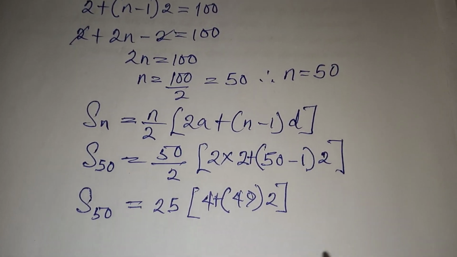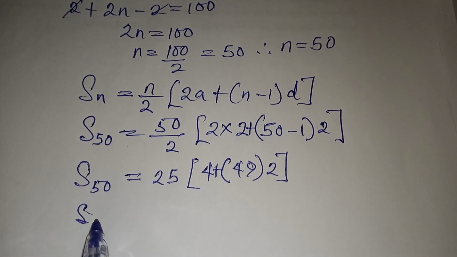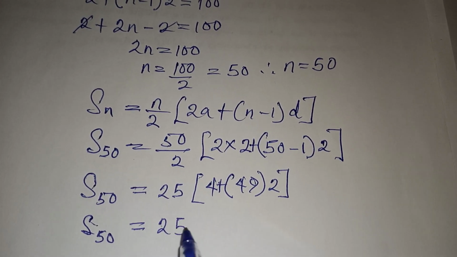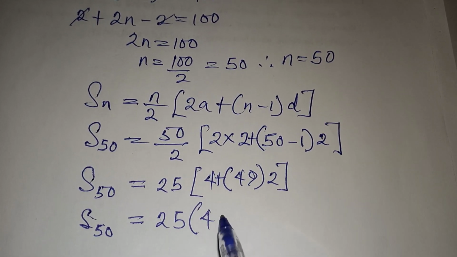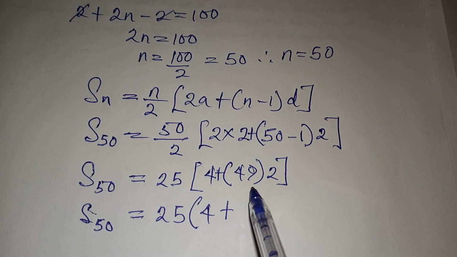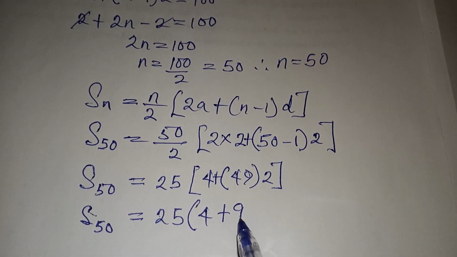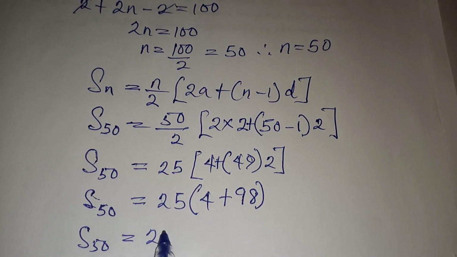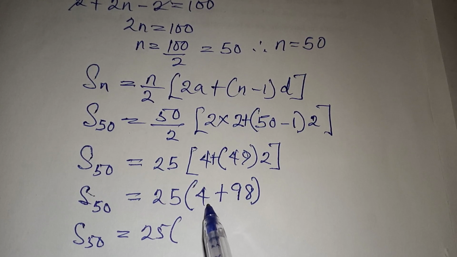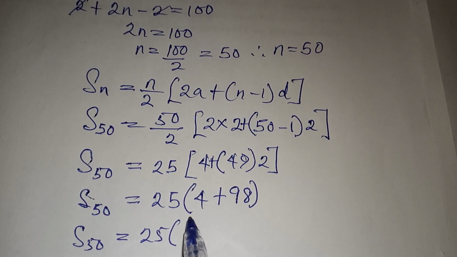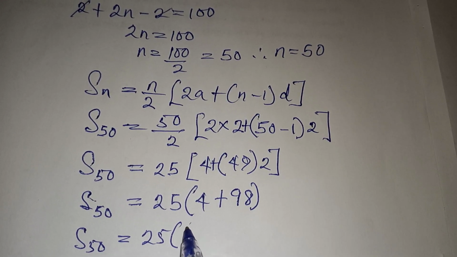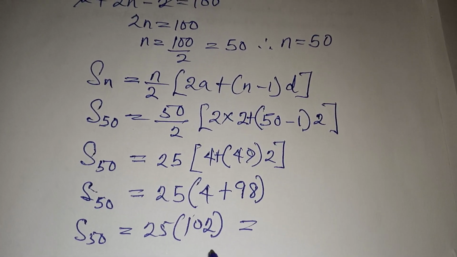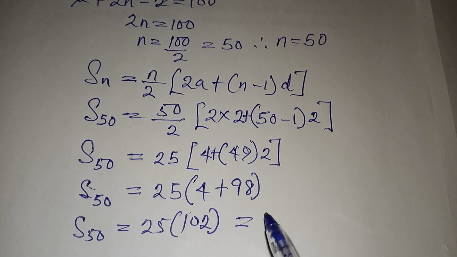Following the basics of BODMAS, you have 25 into 4 plus 2 times 49, which gives 98. So S subscript 50 equals 25 into 98 plus 4, that will be 102.